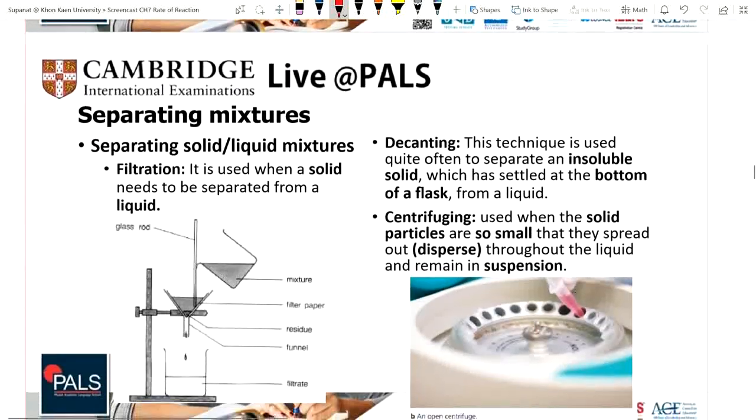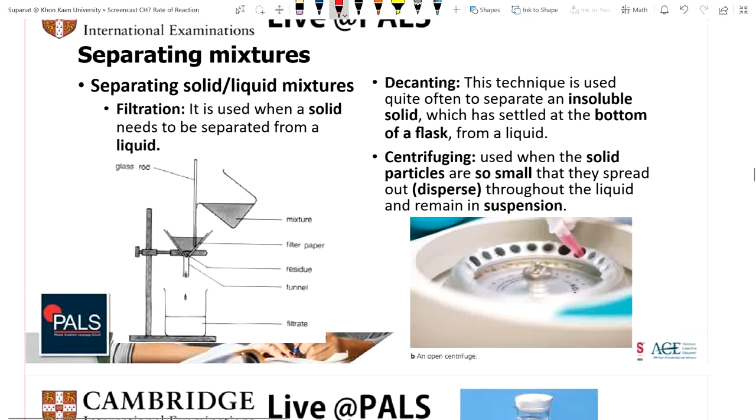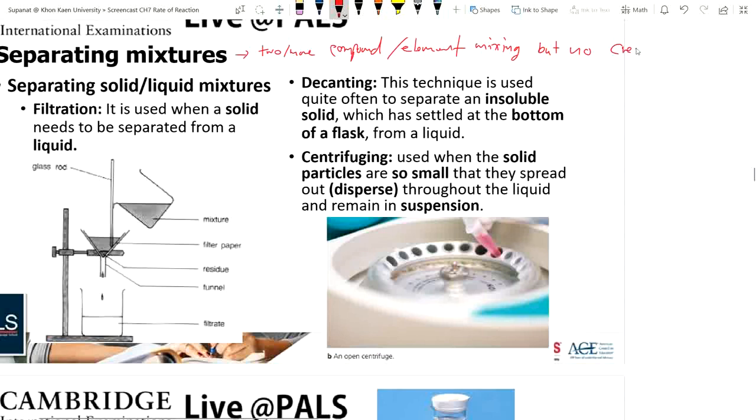Let's move to the next topic, separating mixtures. Okay. A mixture consists of two or more compounds or elements mixing, but no chemical reaction.